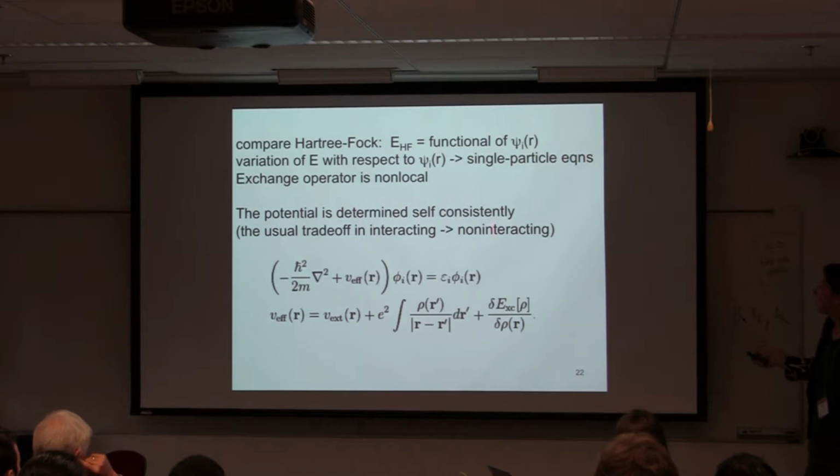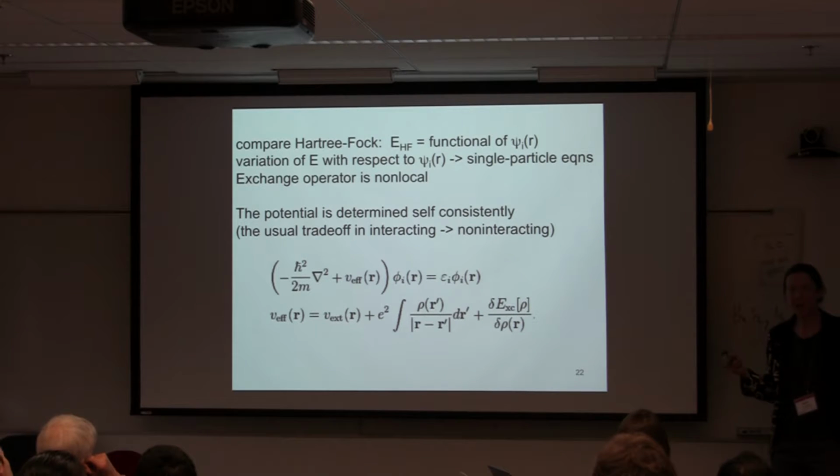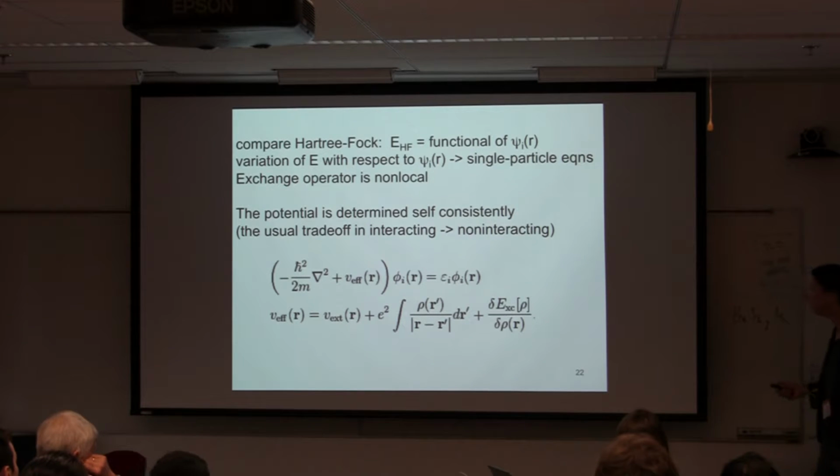This feature, that the potential depends on rho, is something that you see all the time when you try to describe an interacting system as an effective non-interacting system. That's the self-consistent price that you pay.